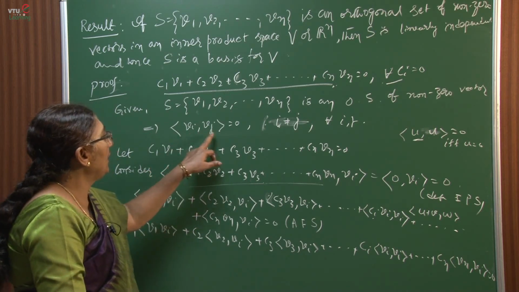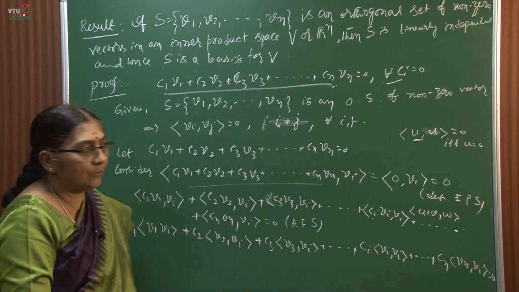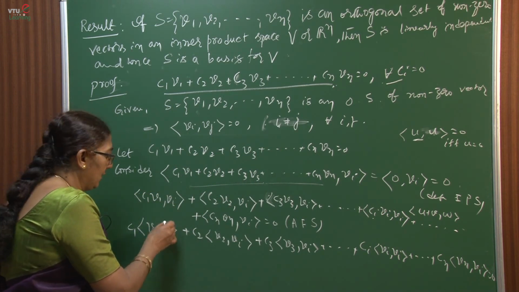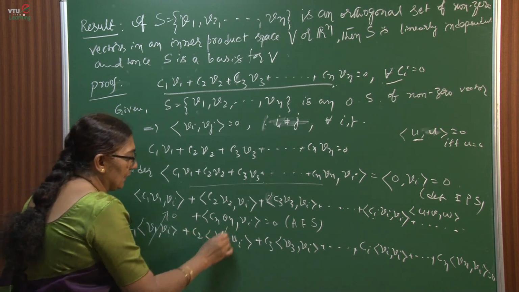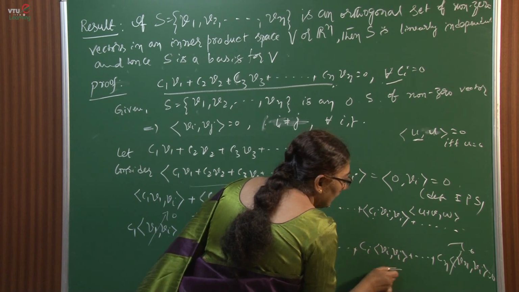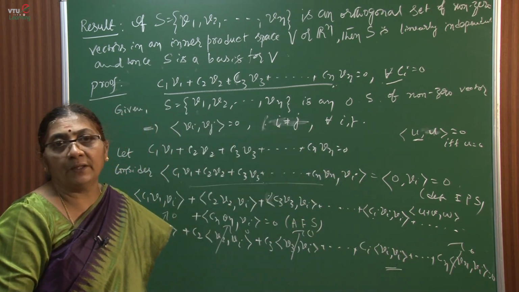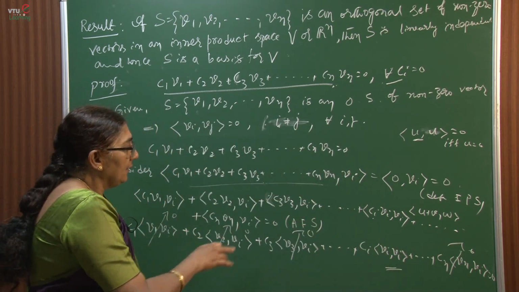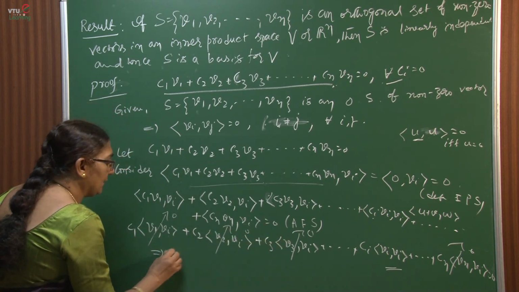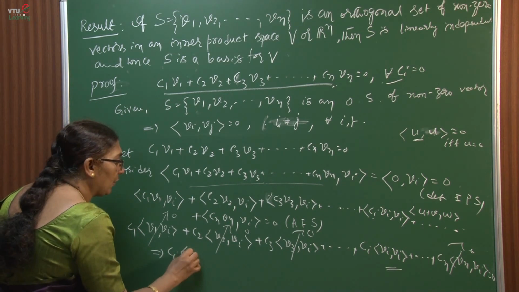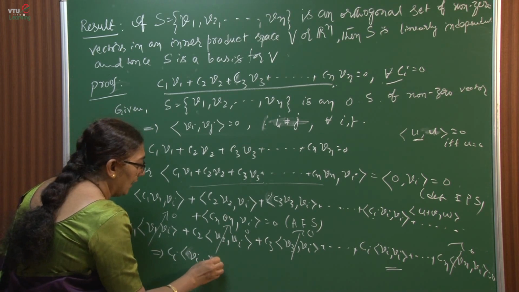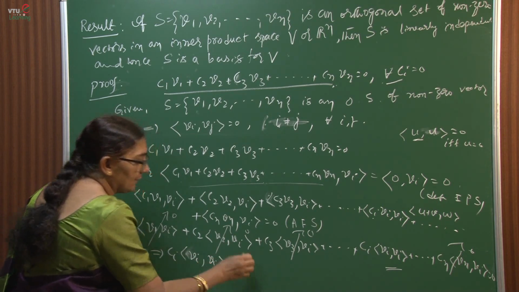Therefore the inner product of Vi comma Vj equals 0 for i not equal to j. So all terms are 0 except Vi, Vi, where i equals i only. Therefore Ci times the inner product of Vi comma Vi equals 0.